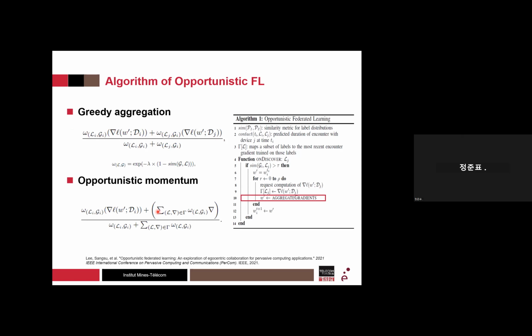The paper suggests two aggregation methods, greedy aggregation and opportunistic momentum. Firstly, greedy aggregation directly averages in the gradients learned by the neighbor after incorporating one round of local training, weighted by the similarity of the corresponding data label.